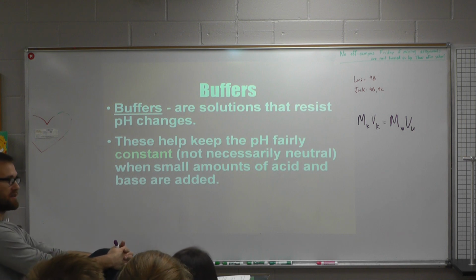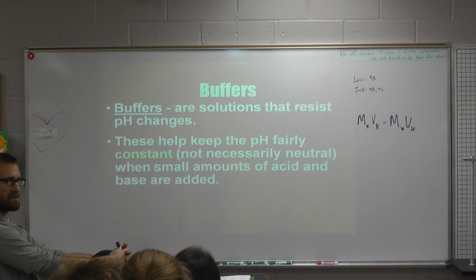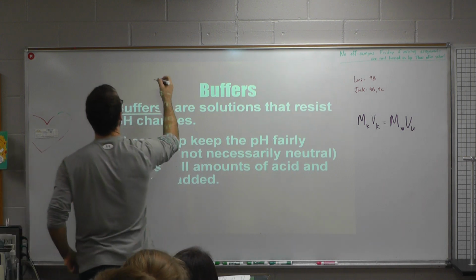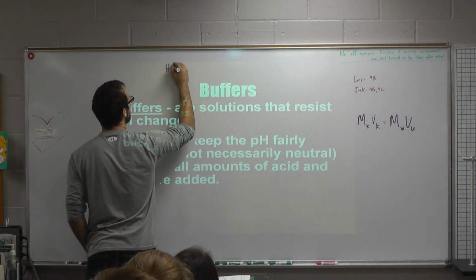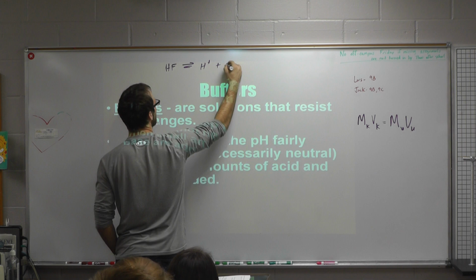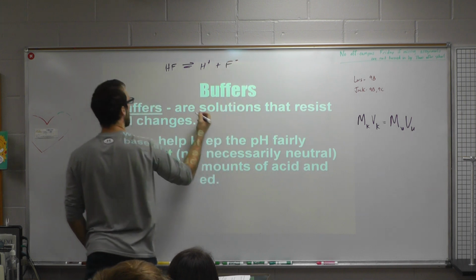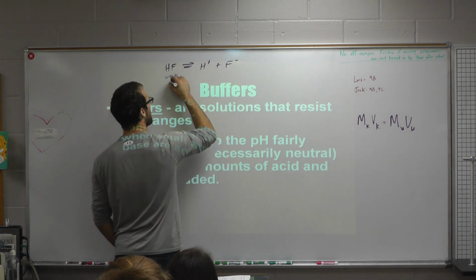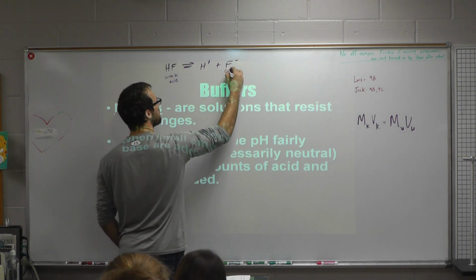What a buffer is, it's a weak acid or a weak base with its conjugate. Alright? So let's say this is my weak acid. It would break down into H plus and F minus. So this is a weak acid, and this is the conjugate base.